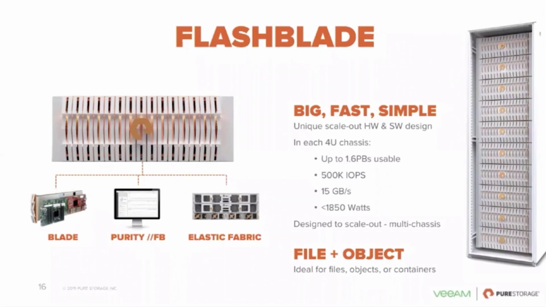It's different because it's not block storage; it's geared for file and object. So it has native S3, NFS, and SMB. And what we're seeing is that there's this notion in the technology space that object storage is slow and big. You don't need performant object, but I think that's certainly changing.